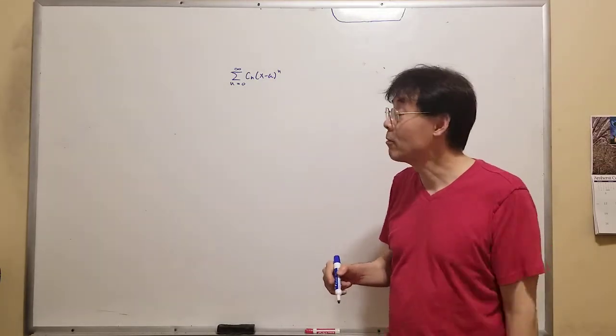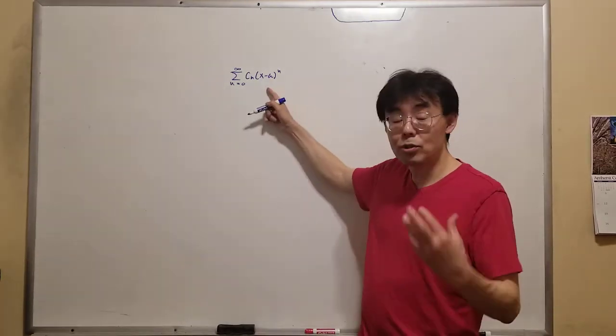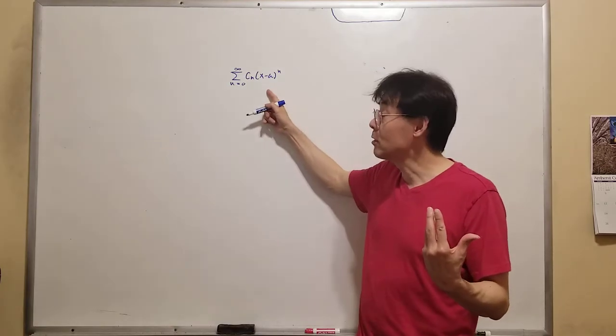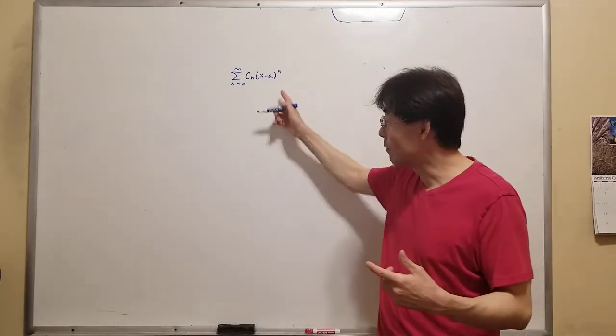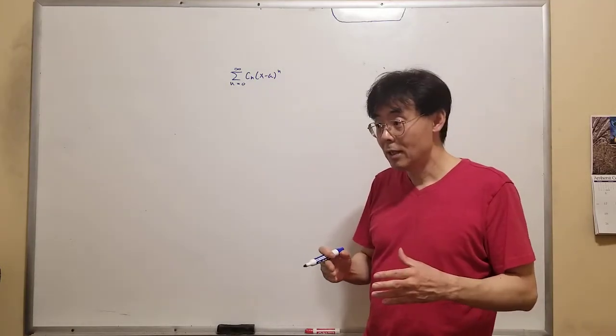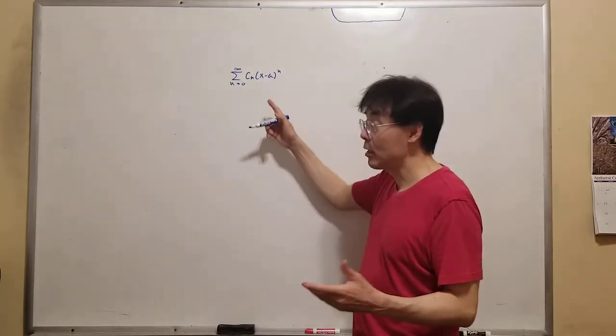So in 8.5 we were introduced to the concept of power series, and then we learned how to get the values of x for which it is convergent, called the interval of convergence and radius of convergence.